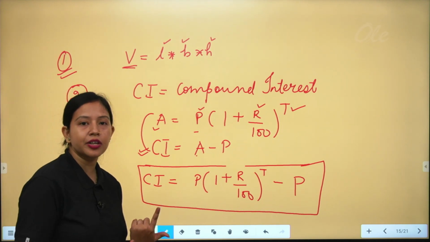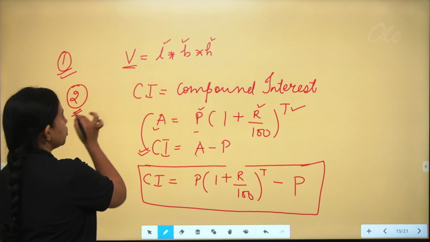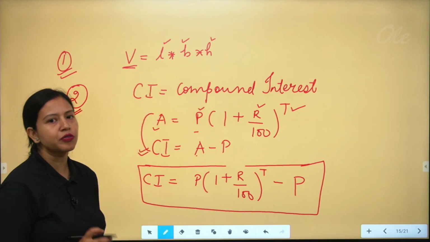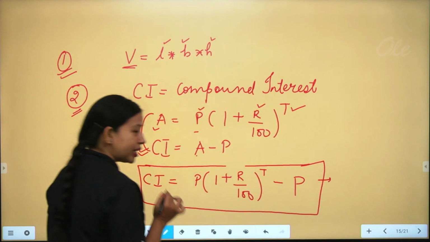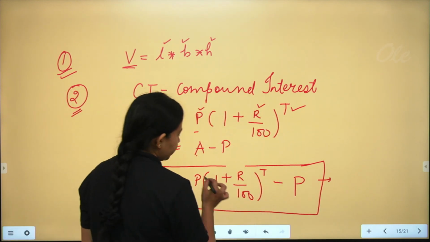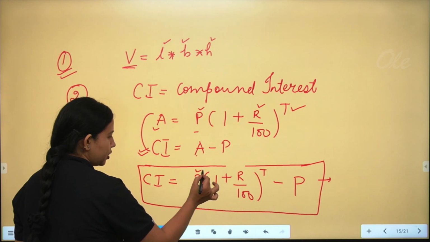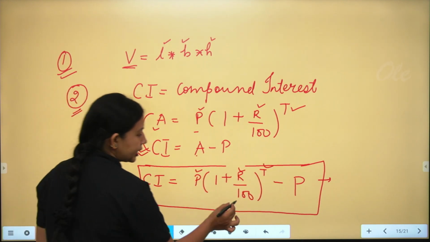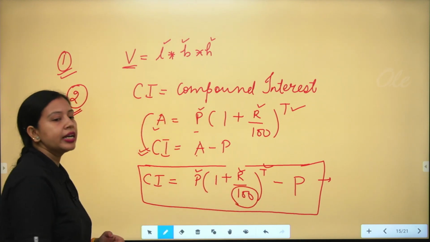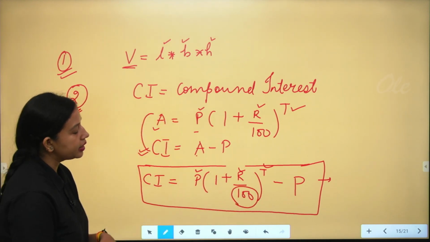So how many variables are required? This is program number 2, don't forget. One was the easy one, the second was quite tricky, but I can't say that it is impossible. You can do it. Try for that. How many variables have we taken? 1, 2, 3. Only 3 variables are required. Don't take 100 as a variable. 100 is a constant, so we can't take it as a variable.